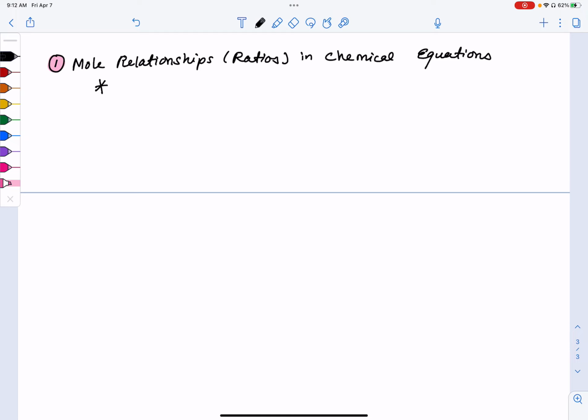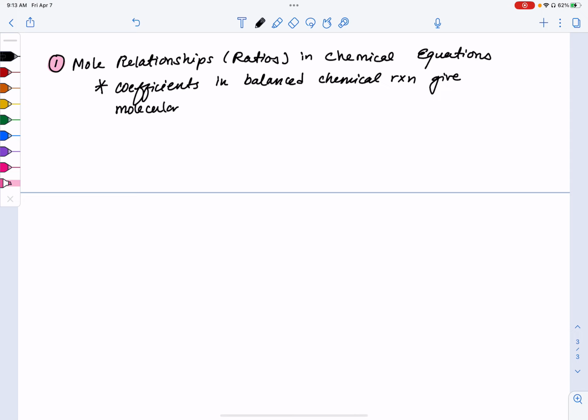I'm going to start by making a statement, and that is that the coefficients in a balanced chemical reaction give molecular ratios that are needed for the reaction to proceed.